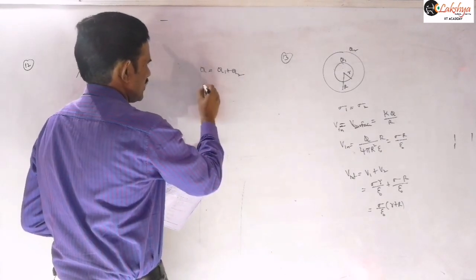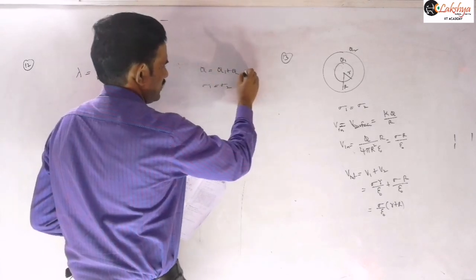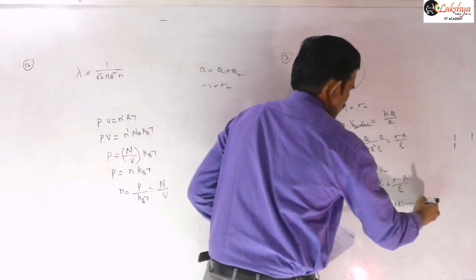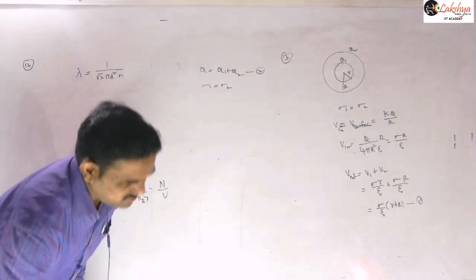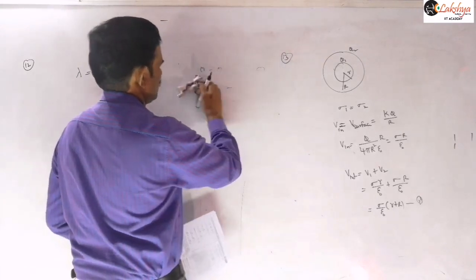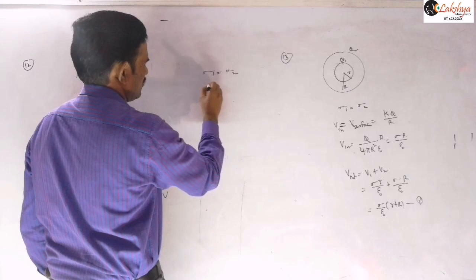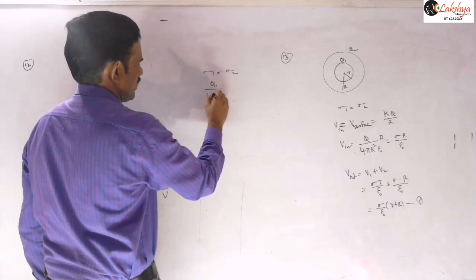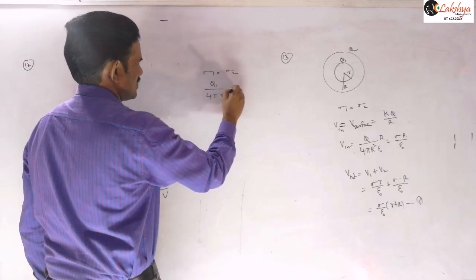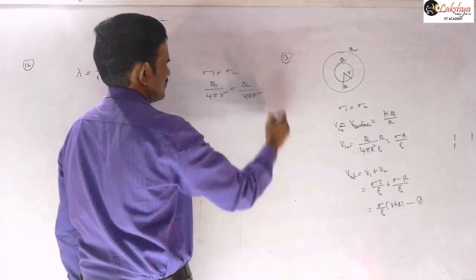First, let us write the relation sigma 1 is equal to sigma 2. Let us take this as equation 1, or first write the relation between Q1 and Q2, so we can substitute directly. So sigma 1 equals sigma 2 gives Q1 by 4 pi small r square is equal to Q2 by 4 pi capital R square, right?